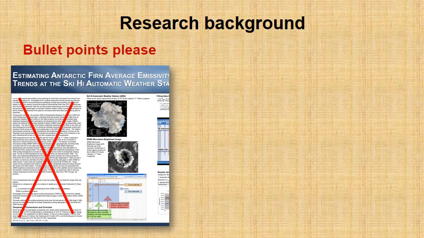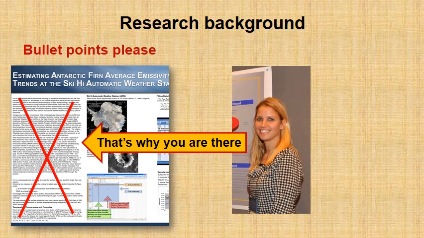Remember, people are usually at your poster because the queue for the toilet was too long. So if you remember that, you will also know that they are not going to read this. This is why you are there. You are going to tell them and summarize it in a few nice sentences, and you will smile at the same time.